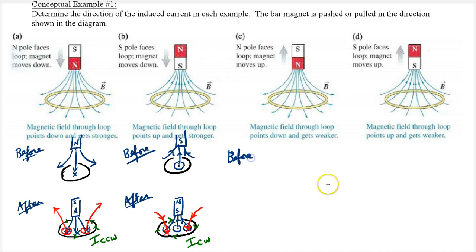So here's my before picture. I'm going to have the magnet, in this case, close to the plane of the loop. So we have 1, 2, 3 field lines penetrating this loop of wire. So I'm going to draw in 3 x's, 1, 2, 3 x's.